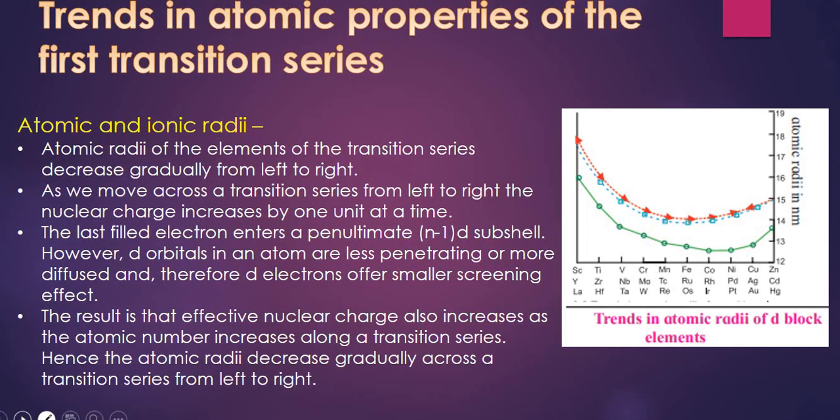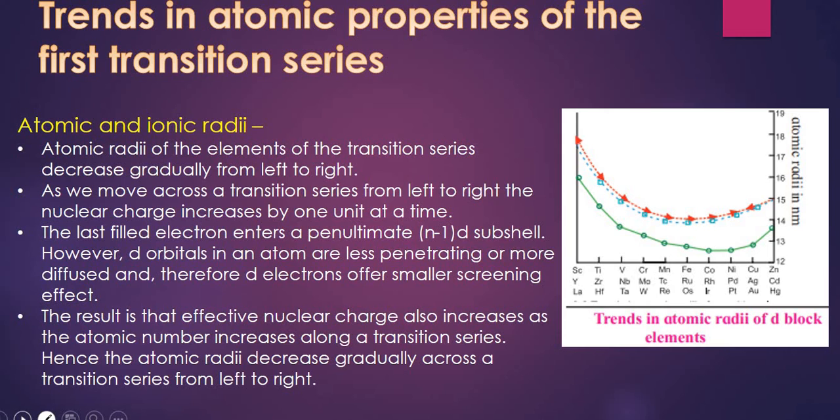d orbitals in an atom are less penetrating or more diffuse, and therefore d electrons offer a small screening effect. So, as a result, what will happen? Effective nuclear charge will increase with atomic number across the transition series, and atomic radii will decrease.